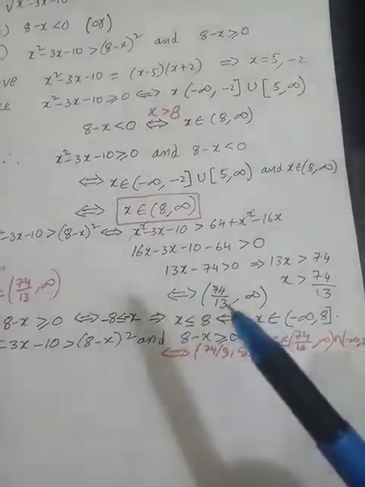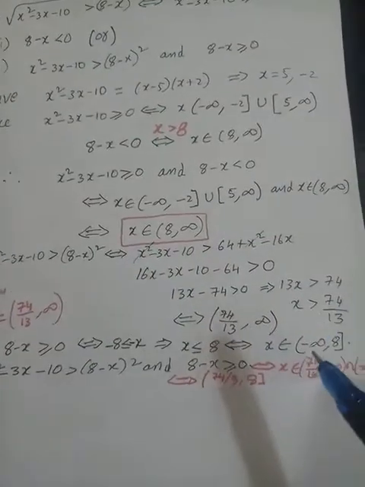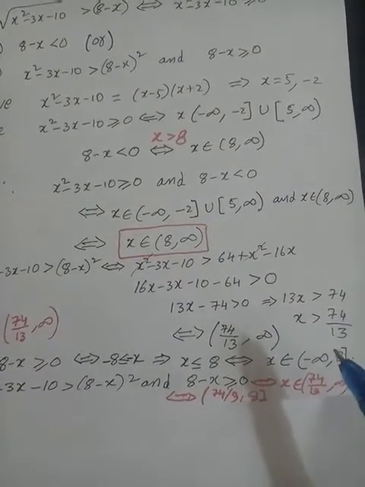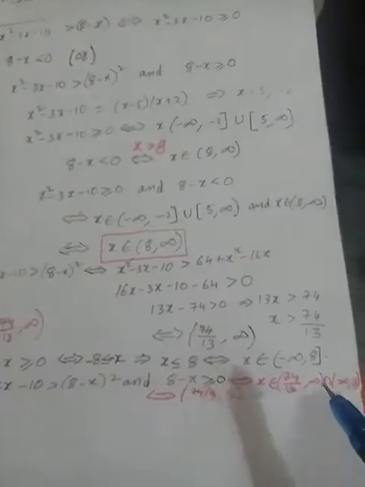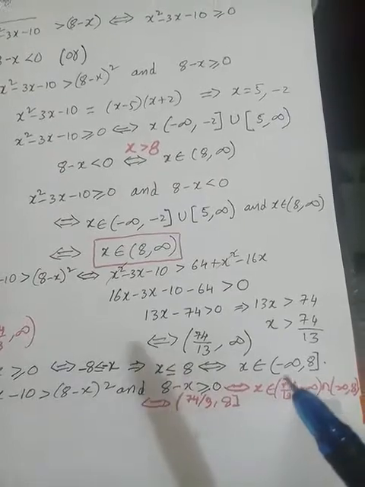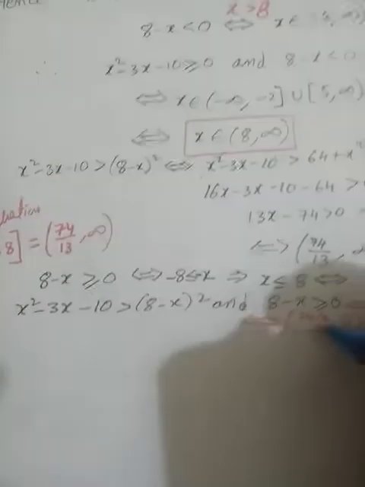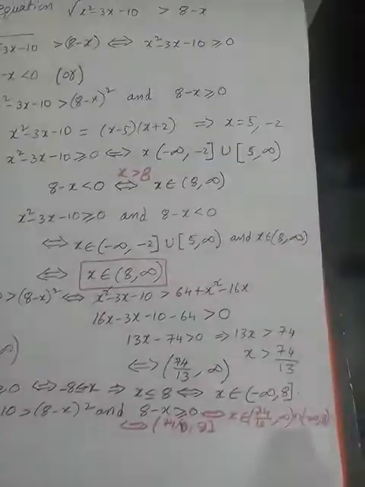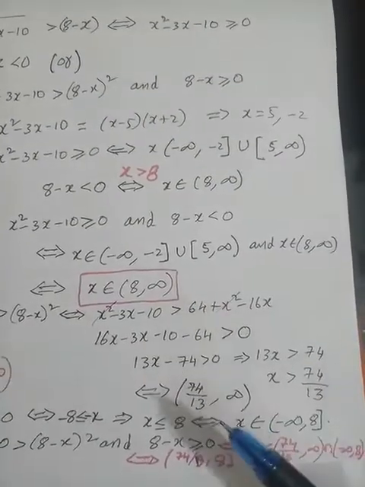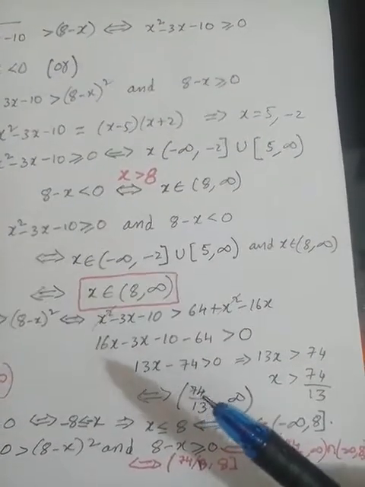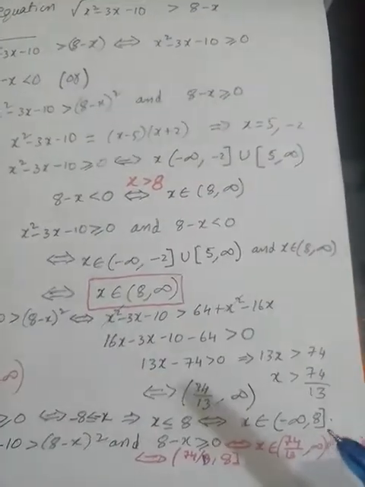If you take the intersection of these two, one is 74 by 13 to infinity, another is minus infinity to 8. What we get is between 74 by 13 and 8, because one set is 74 by 13 to infinity and the other is minus infinity to 8.